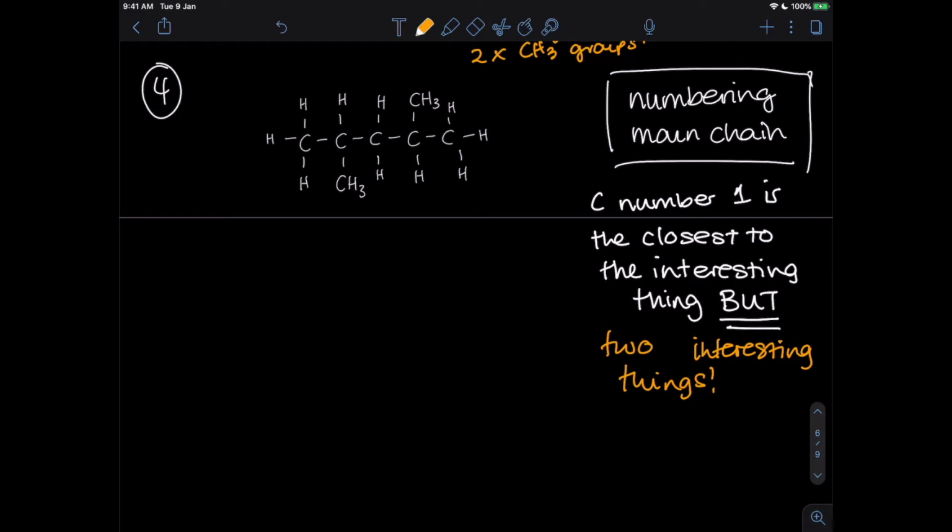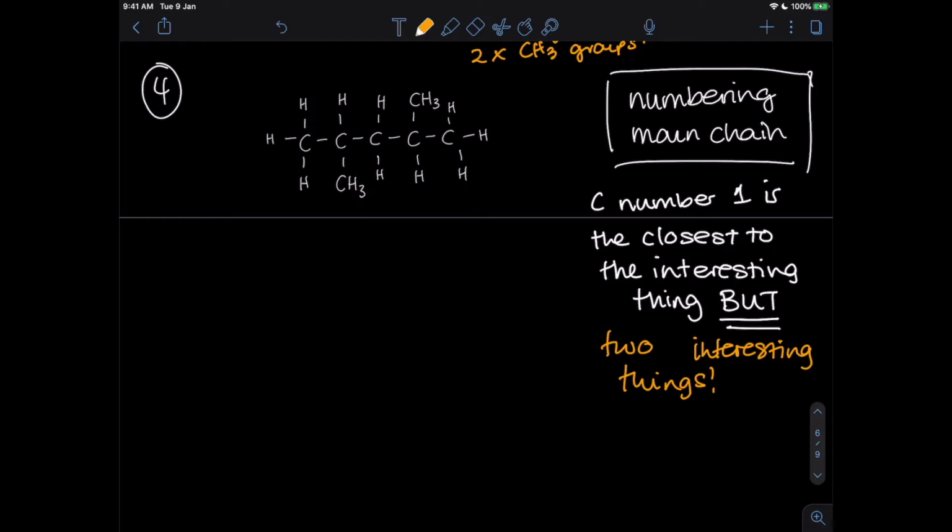Because they're right next to the carbons, you can choose, but otherwise it is still the carbon that's closest to the closest interesting thing. So for example, if this CH3 group is actually here, then this would be the only one that could be carbon number 1, because this carbon would be too far away. So just pay attention to where everything is.